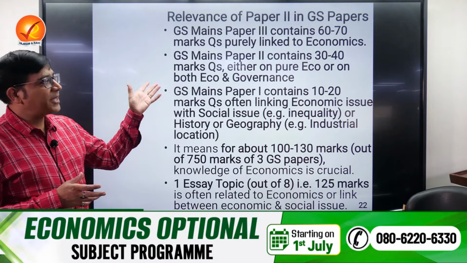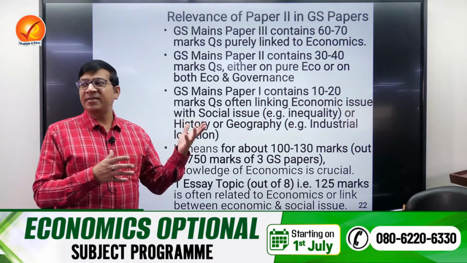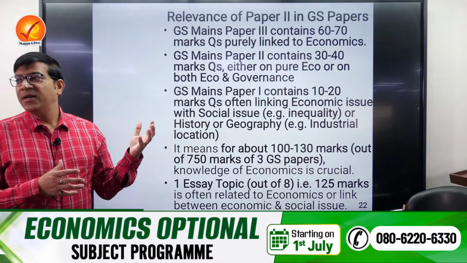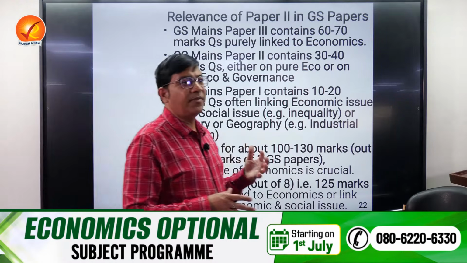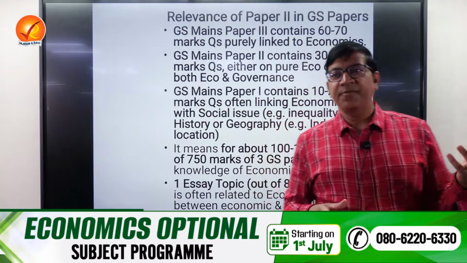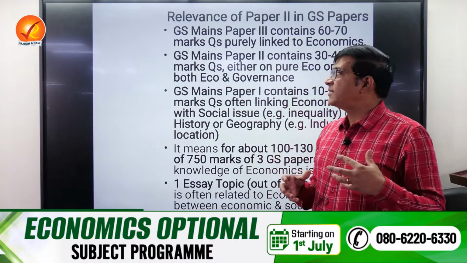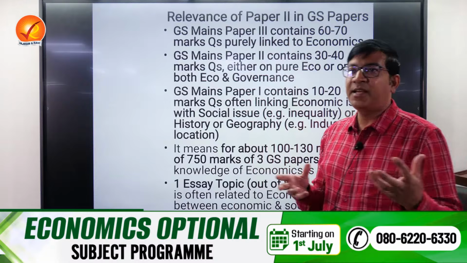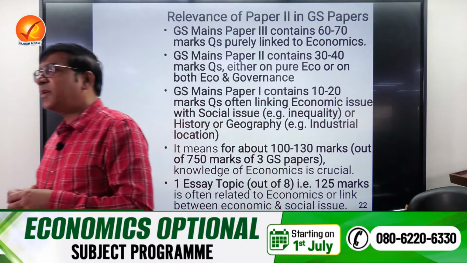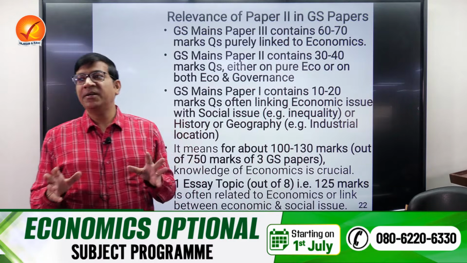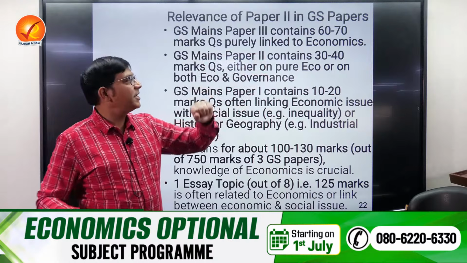Sometimes it may be interlinked with other subjects also, like geography. Remember again, that level of predictability no one can give. Even in paper 3, they ask interdisciplinary questions like linking economics with geography. So that much I'm counting in, say 60-70 marks.